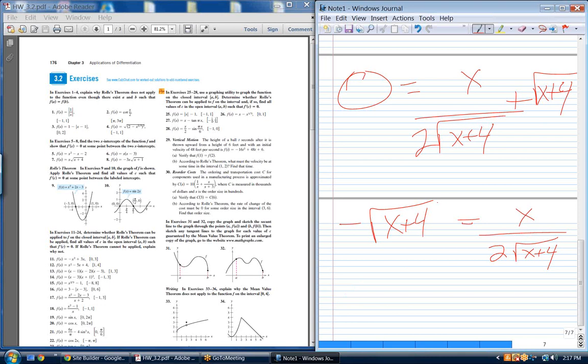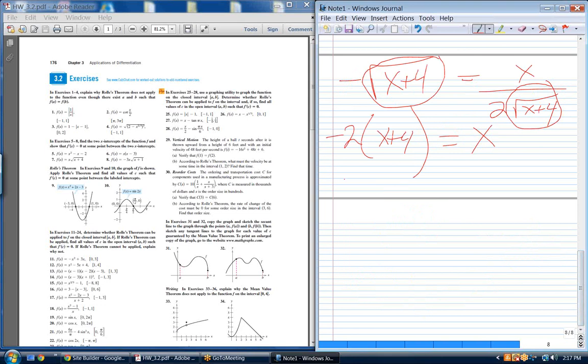Well, I have to multiply that by this also, which is x plus 4. So I get -2 times the quantity x plus 4 on the left side of the equation equals x on the right side. And then we distribute the -2. Move the x to the other side.